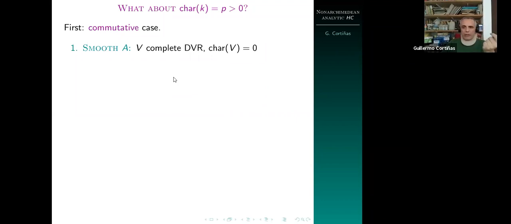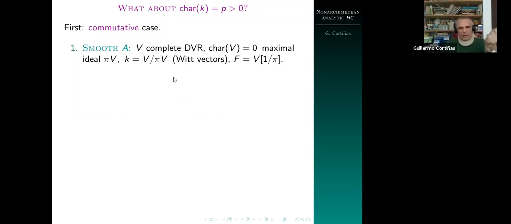A discrete valuation ring is local and its maximal ideal is principal. So I write pi for a generator. And then you take this V so that when you mod out by pi, you get the field of characteristic p you were interested in. So if k is finite, you can take as V the Witt vectors on k. And then the fraction field F of V, which is a field of characteristic 0, is obtained from V by just inverting pi.